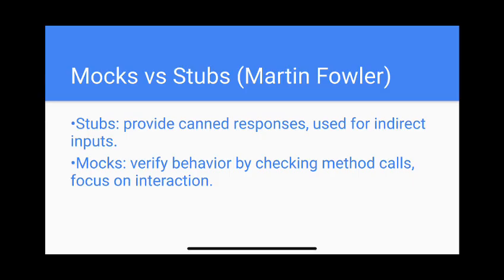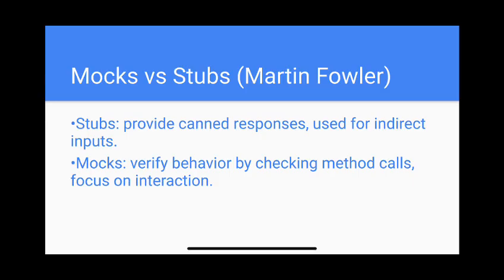According to Martin Fowler's classic article on test doubles, mocks and stubs serve different purposes in unit testing. A stub is an object with canned responses to method calls. Stubs are used to control the indirect inputs of the system under test, making the test deterministic, consistent, and isolated from real dependencies.